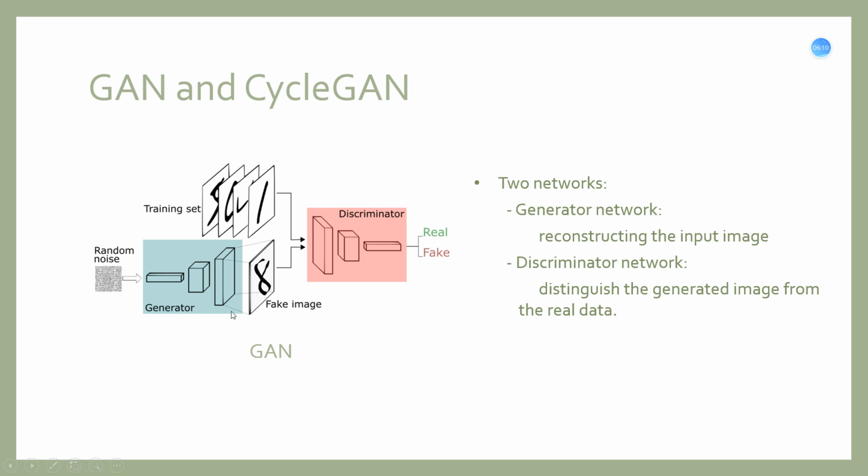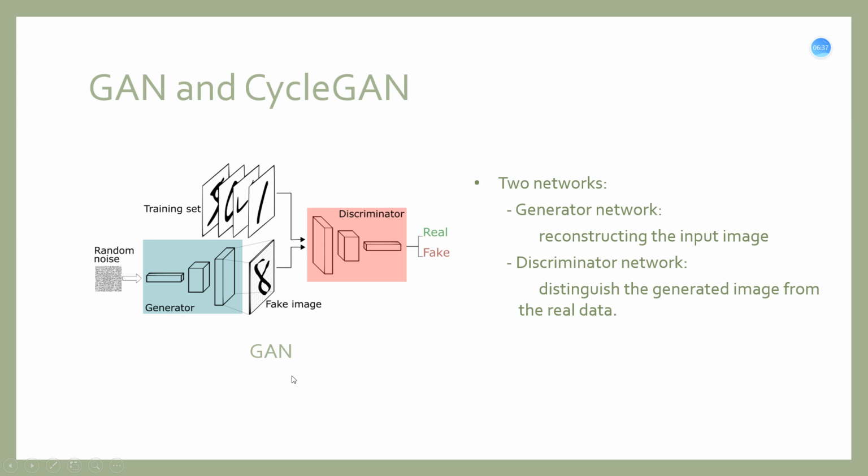The main idea of GAN is that the generator network tries to reconstruct the input image. It's called a fake image or generated image, and we mix it with the training set, which are real images, and send them to the discriminator. The discriminator network aims to distinguish the generated image from the real data.